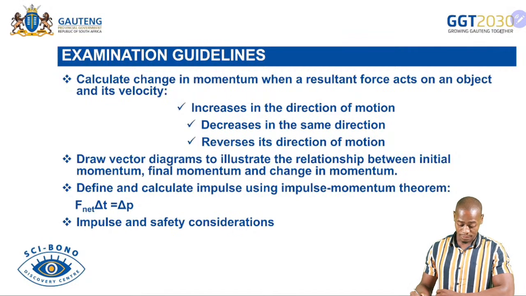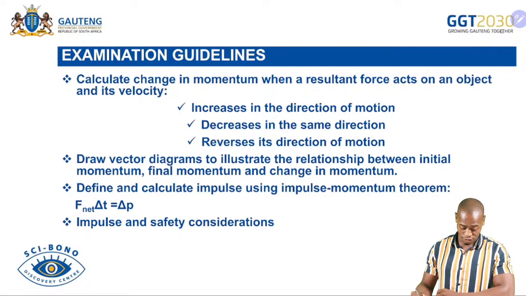Draw vector diagrams to illustrate the relationship between initial momentum, change in momentum, and final momentum. Define and calculate impulse using the impulse-momentum theorem. The equation from the formula sheet again is F net change in t equals change in p.